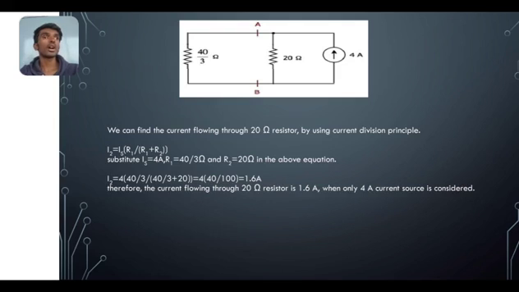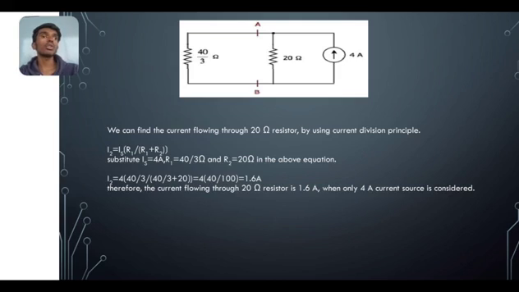I2 is equal to Is times R1 divided by (R1 plus R2). Substituting Is equal to 4 ampere, R1 equal to 40 by 3 ohm, and R2 equal to 20 ohm in the above equation, I2 is equal to 4 into (40 by 3) divided by (40 by 3 plus 20), which is 4 into 40 divided by 100, which is equal to 1.6 ampere.